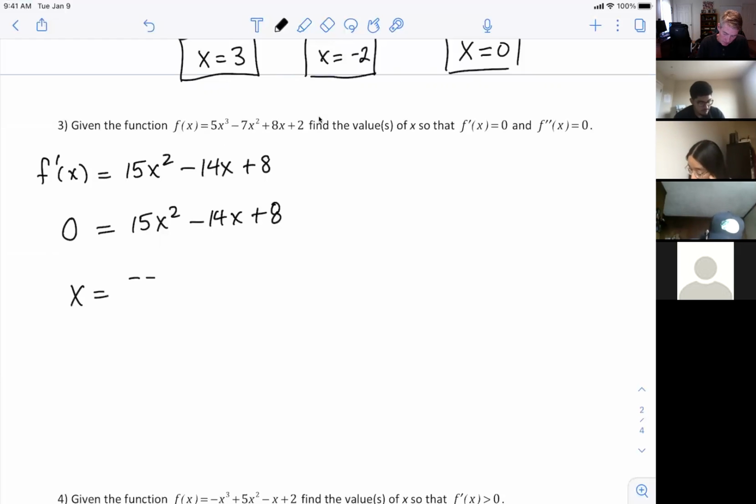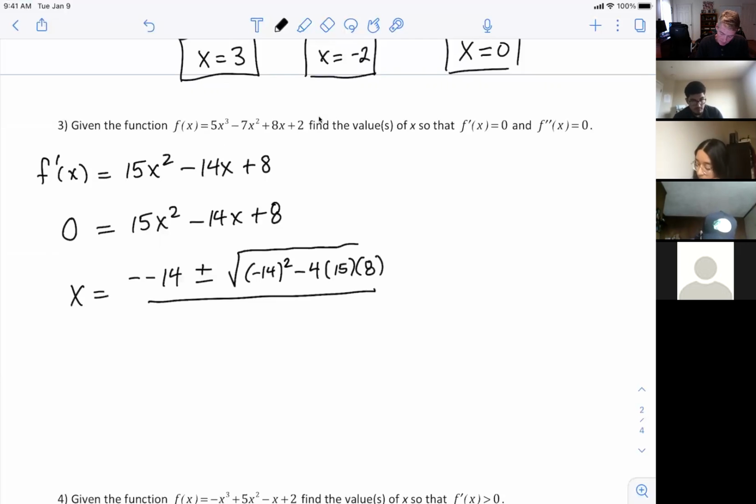So negative b, so negative of negative 14, plus or minus the square root. Negative 14 gets squared, minus 4 times 15 times 8.